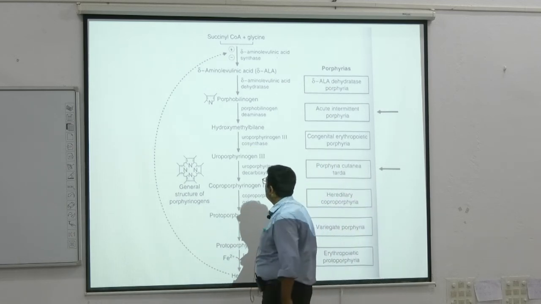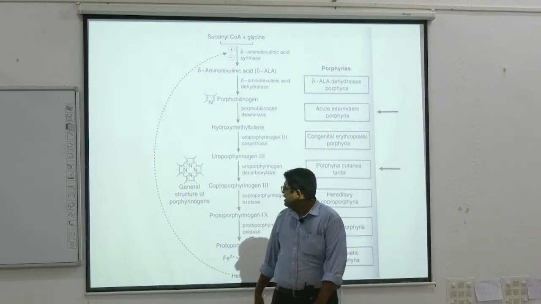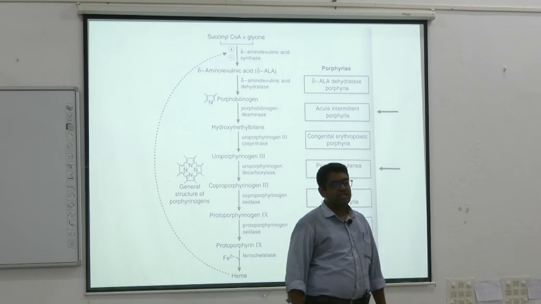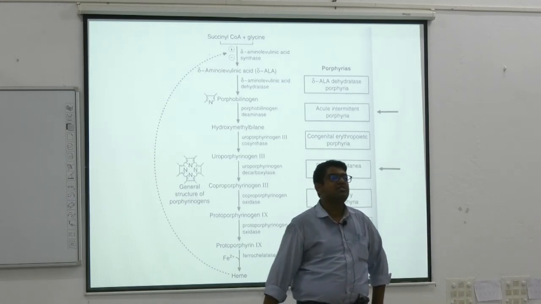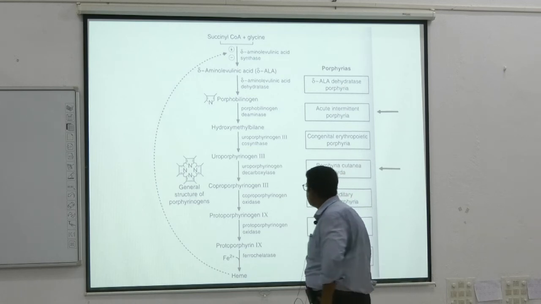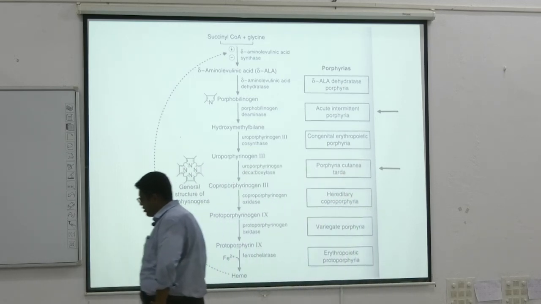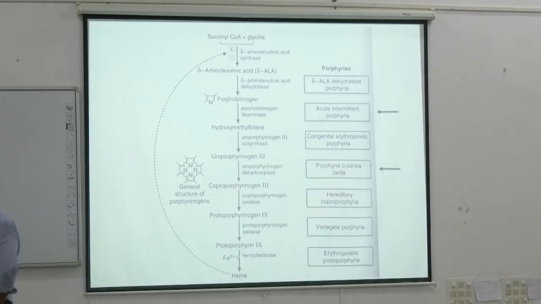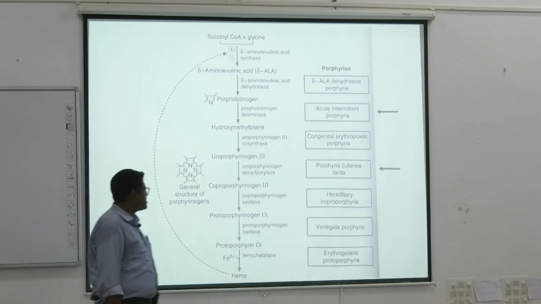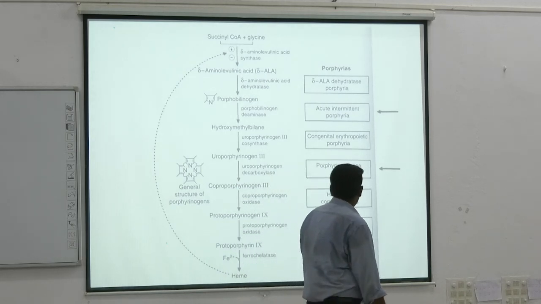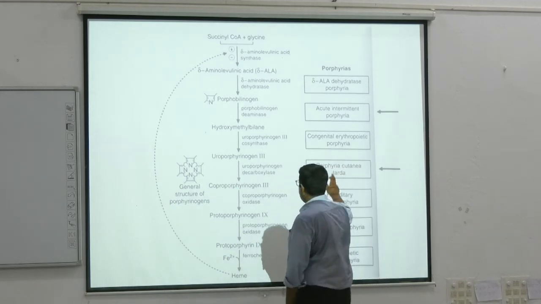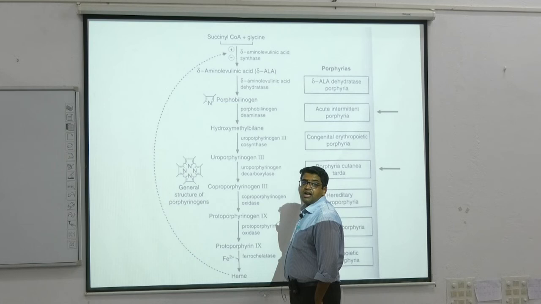Then you have hydroxymethylbilane to uroporphyrinogen 3, and that is caused by uroporphyrinogen 3 synthase, and its deficiency will cause congenital erythropoietic porphyria. Then from uroporphyrinogen to coproporphyrinogen, obviously you have uroporphyrinogen decarboxylase, and that will cause porphyria cutanea tarda.